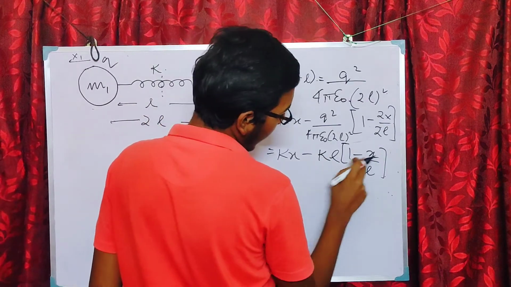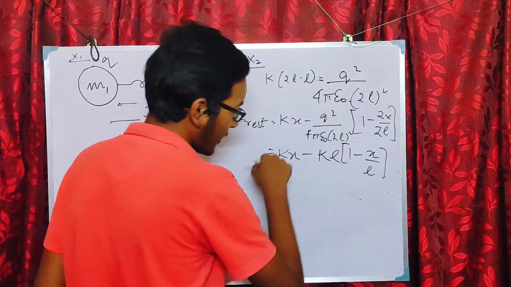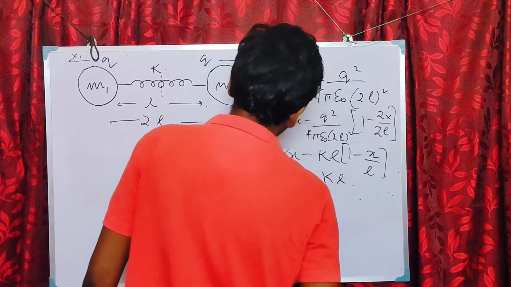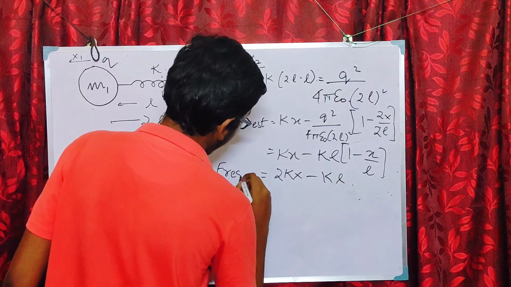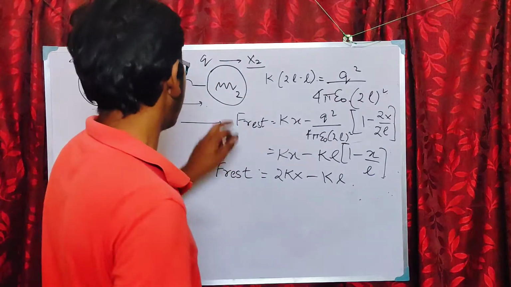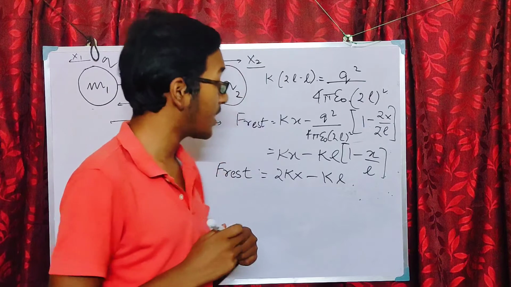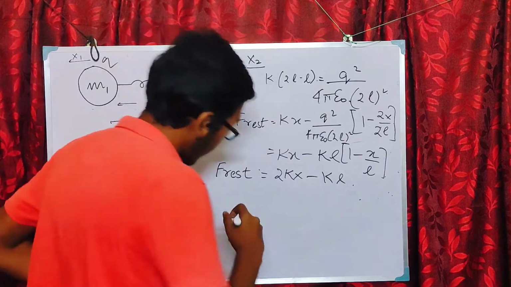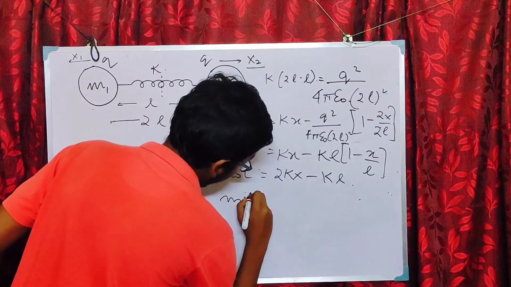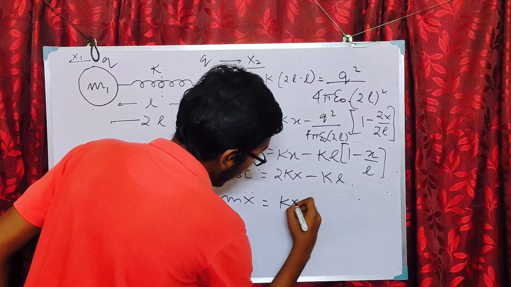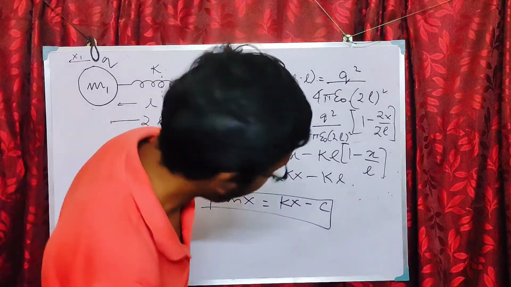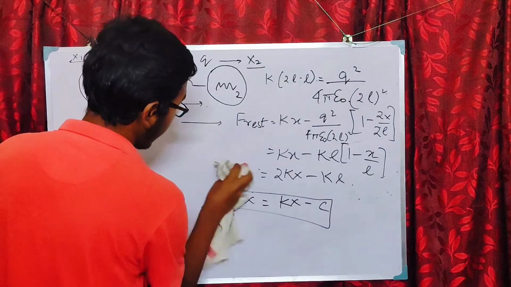KL into L into x by L would become kx, plus kx would become 2kx minus KL. This is the F restoring on this ball. Now just compare it with M x double dot equals k into x minus c.